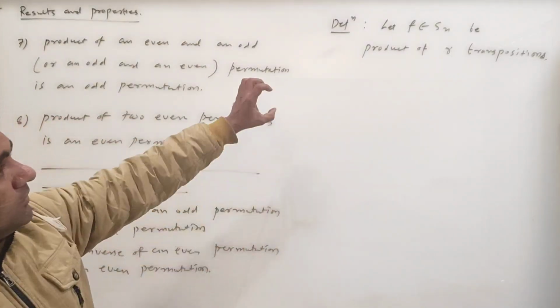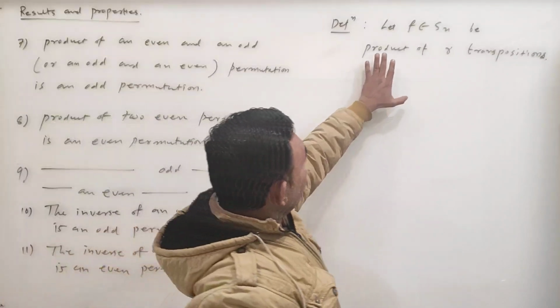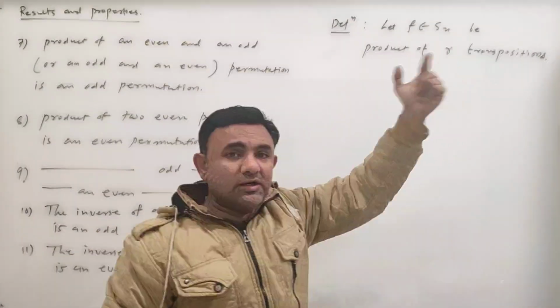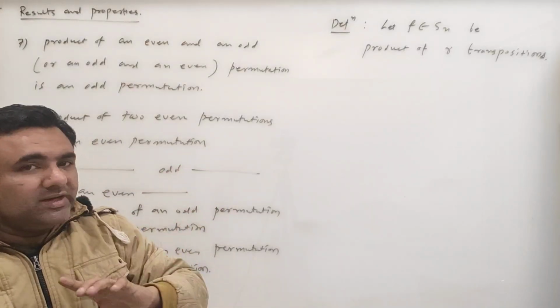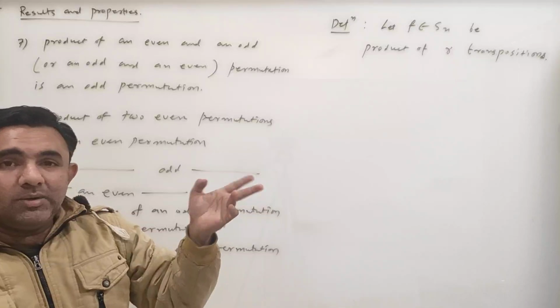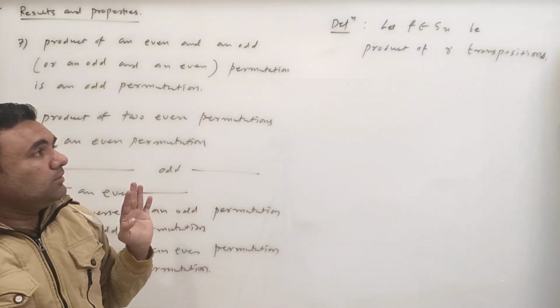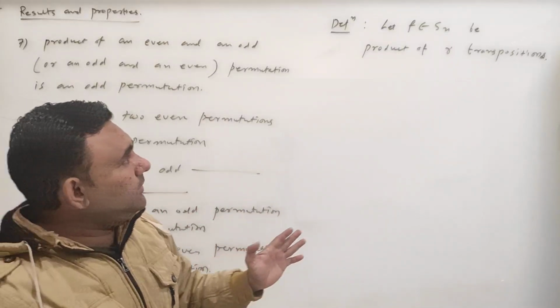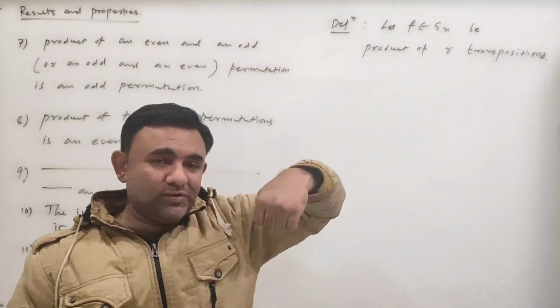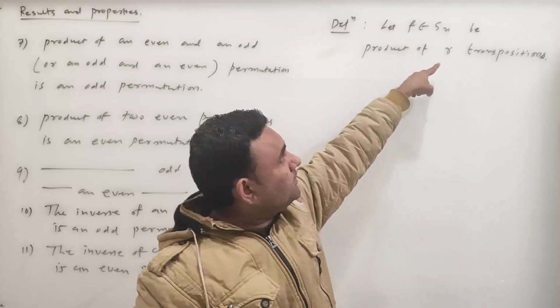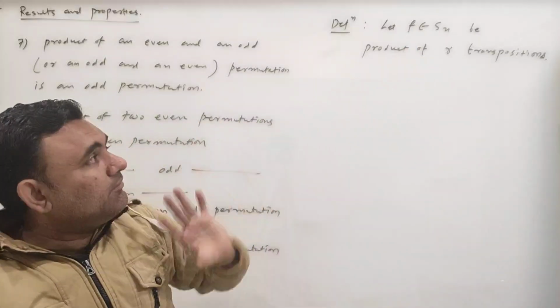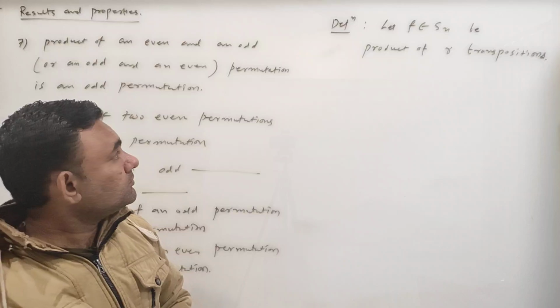So I start with a permutation and suppose f is a product of r transpositions. Now what is r, even or odd? That I don't know. It may be even, it may be odd. It depends on f. If my f is an even permutation, then r is even, and if f is an odd permutation, then r will be odd.